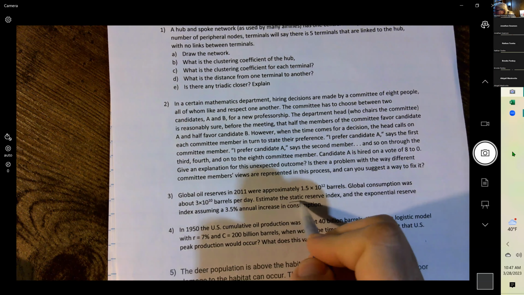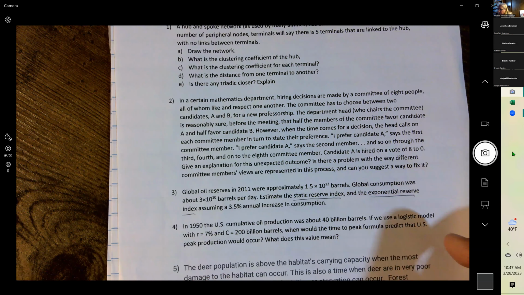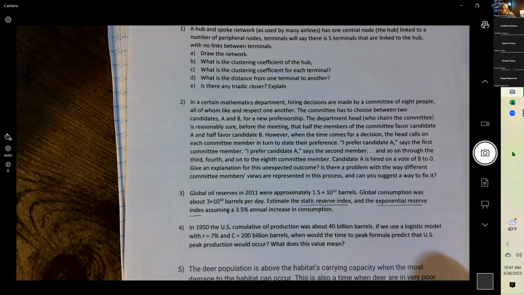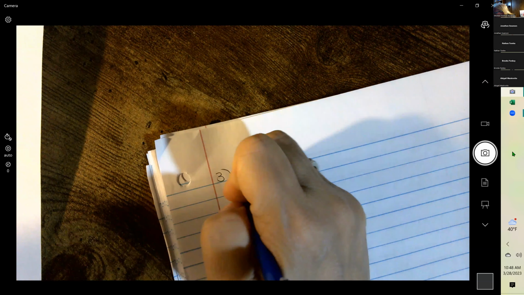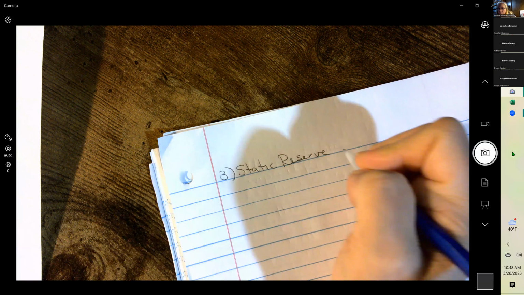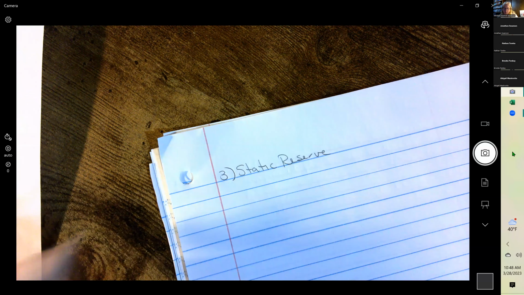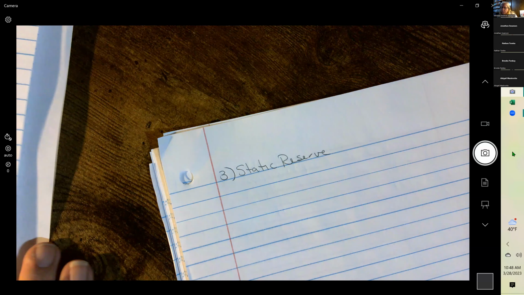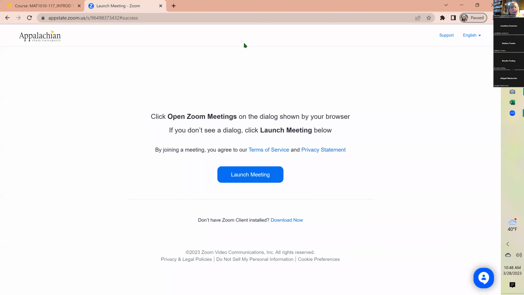Static reserve and exponential reserve, the formulas are in the book, but I could give you them. And there's that 3. So static reserve. No, let me just find the page it's on. That way, then you'll have the definition and everything.